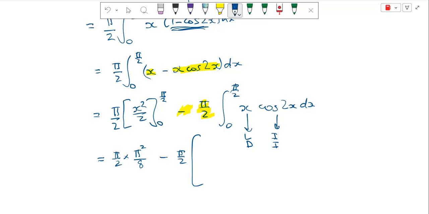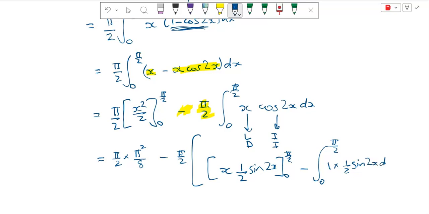So we get minus pi on 2 times, right, let's leave the x, integrate cos of 2x, gives me half sine of 2x evaluated at the limits, minus the integral of 1 times a half sine of 2x dx.